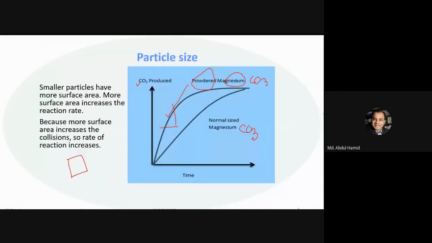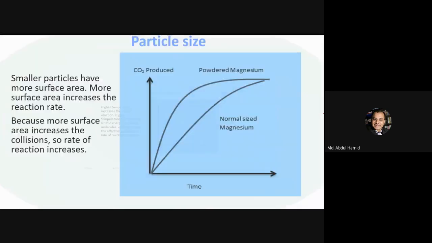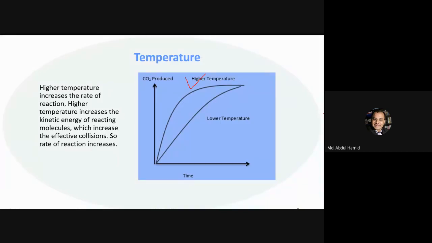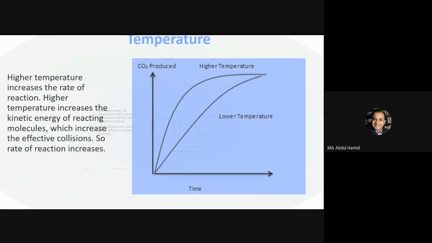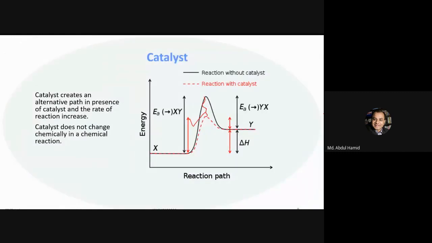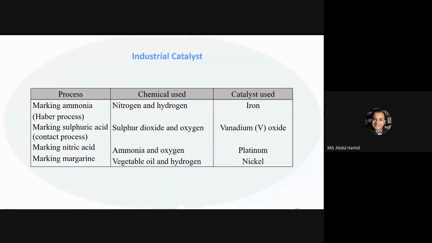Particle size increases, rate decreases. Particle size decreases, surface area increases, rate increases. You have to be clear on the concept. Temperature: always, always remember this one. Temperature increases, rate increases. In the presence of a catalyst, rate increases because the catalyst creates an alternative pathway with lower activation energy.